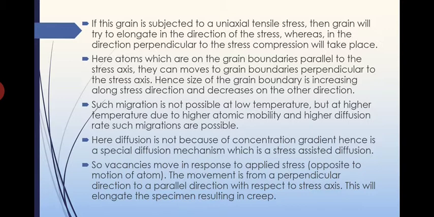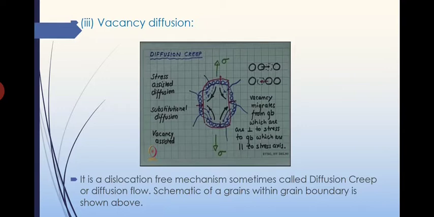So vacancies move in response to the applied stress. Always the vacancy movement will be opposite to the motion of the atom. Because of that vacancy movement, this diffusion is happening. That's why it is called vacancy diffusion. Atoms are moving in one direction, and vacancies will be diffusing in the opposite direction.